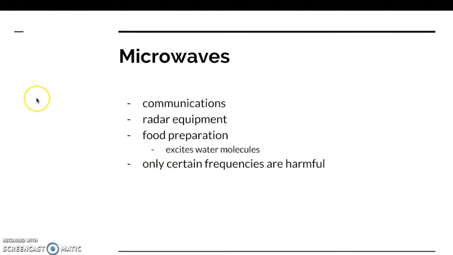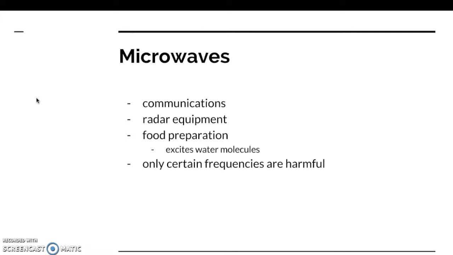All right, next up is microwaves. And I'm not talking about the actual microwave that is in your kitchen, like the actual box-shaped microwave. Those use microwaves, hence the name, but these are actual waves that are part of the EMR spectrum.